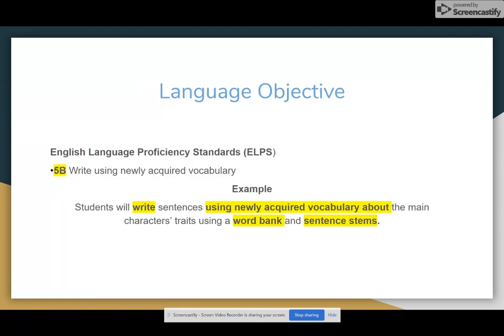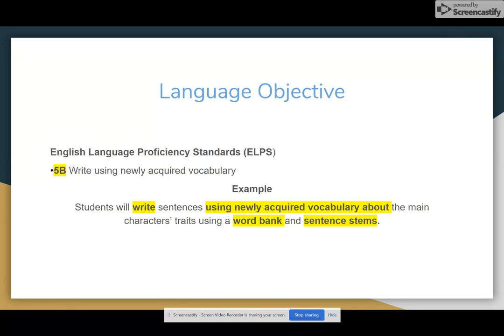So a language objective will look like 5B, write using newly acquired vocabulary. The objective when you post it in your classroom will say: students will write sentences using newly acquired vocabulary about the main character's traits using the word bank and sentence stems.